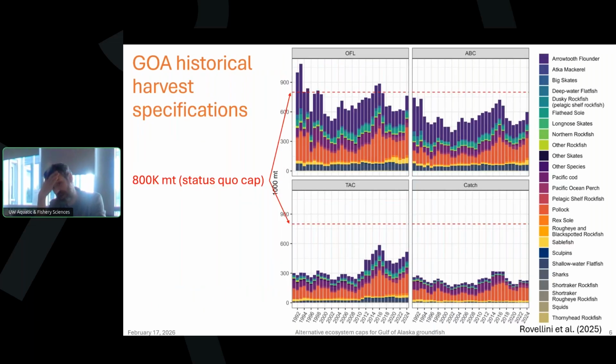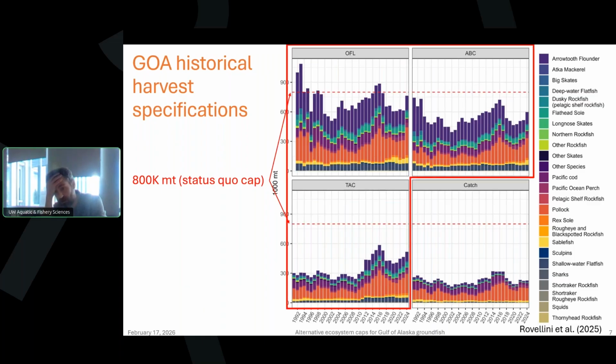So that's what the Gulf of Alaska looks like instead. These four panels, so these three are harvest specifications, different levels of them. You start from the UFL, which is basically what comes out of the stock assessment in a way, right? The line is the 800,000 ton cap for the Gulf. And basically here you can see what happened back when these caps were established, right?